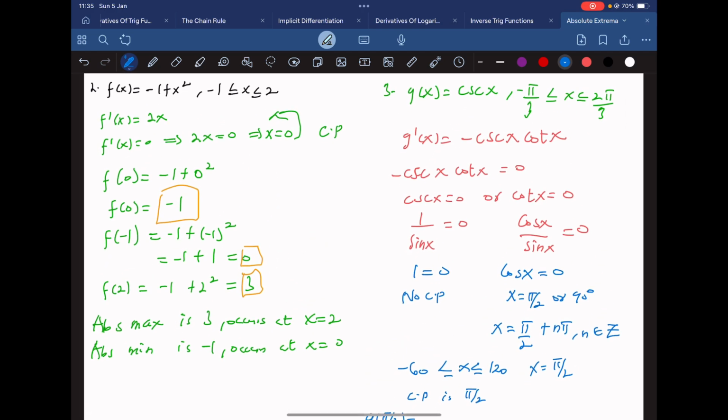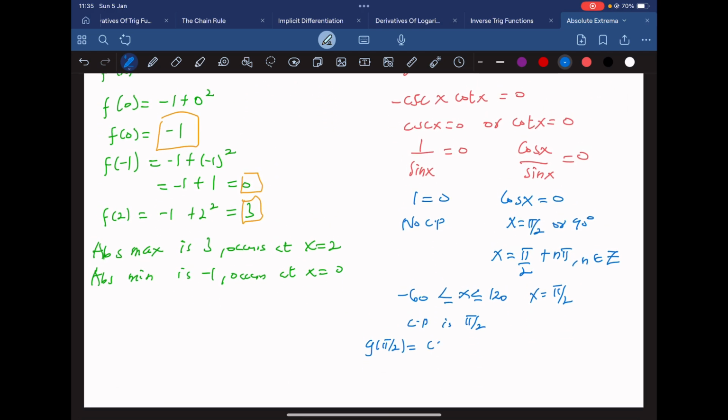We know g of x is the same as writing 1 over sine x. So we have 1 over sine of pi over 2. And what is sine 90? Sine 90 is 1. So we have 1 over 1, which is equal to 1. So this is our first value.